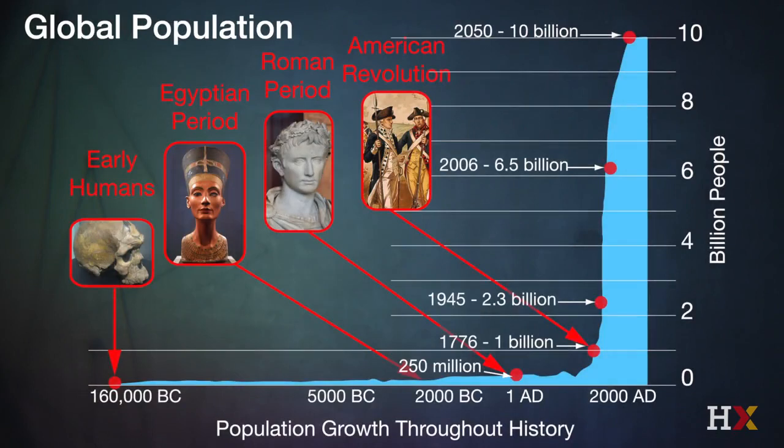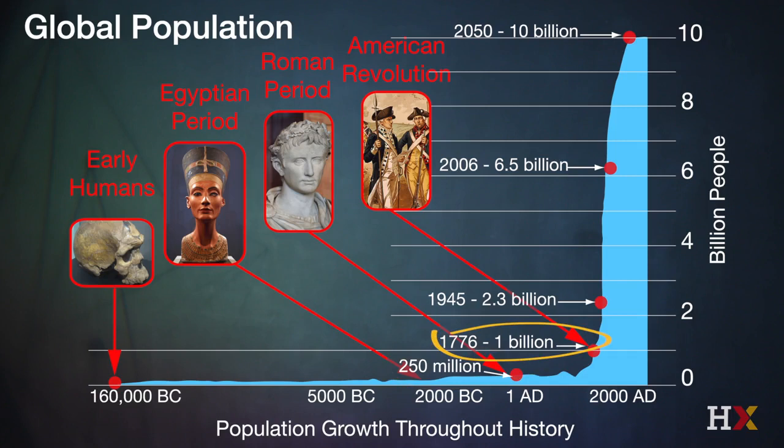So modern humans emerged from Africa about 160,000 years ago. And a key point is that during the Roman period, the total global population was 250 million humans. And an easy way to remember when global population reached 1 billion was the year of the American Revolution.